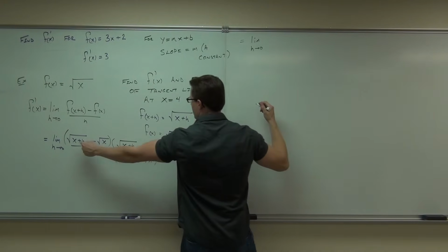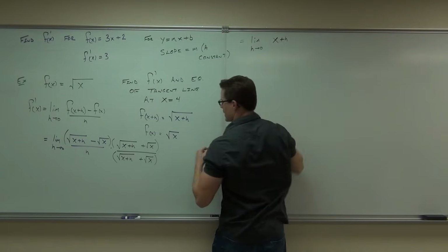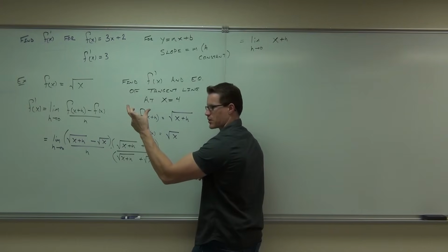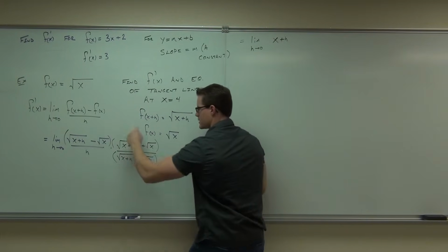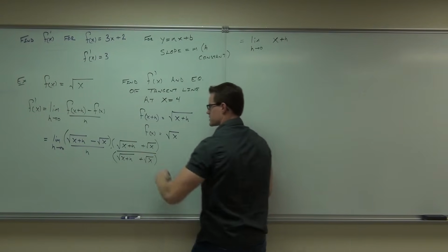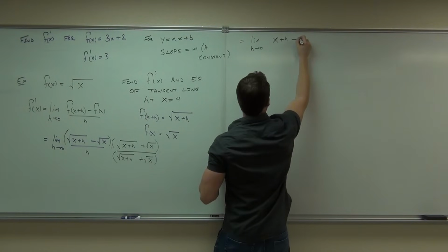So we're going to get, help me out here. X plus h minus x. Okay, I get the x plus h. I get the x because square root times itself gives you the radicand, and that's the part inside the square root. We're going to get plus and minus the same exact thing. Do you see it? What's last? Minus x. Minus x, right? Yeah.